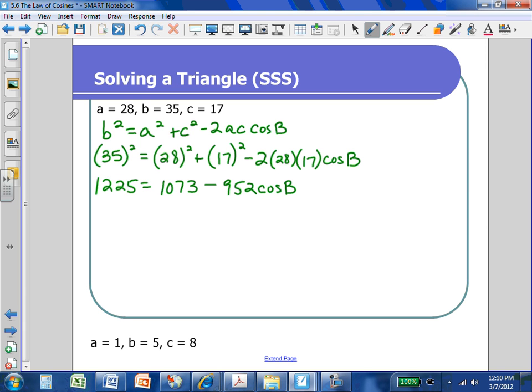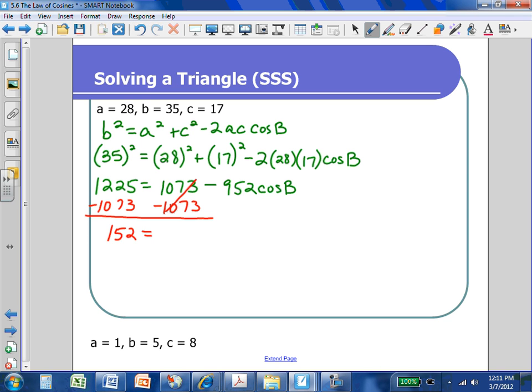If I go ahead and subtract 1,073 from both sides, that allows 1,073 to move away, and 1,225 minus 1,073 is 152.